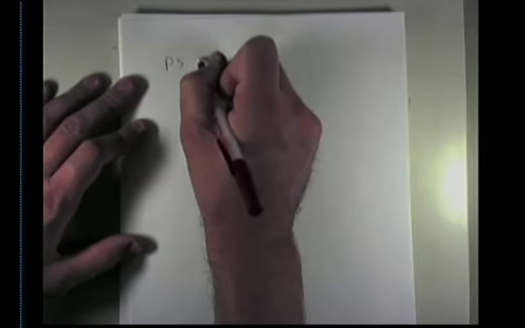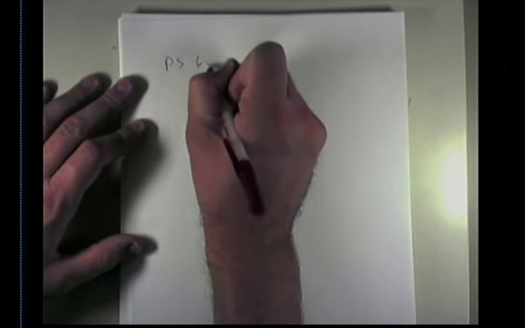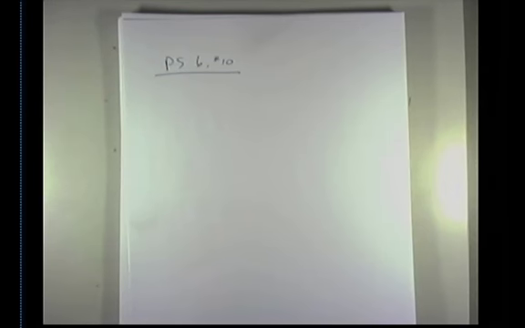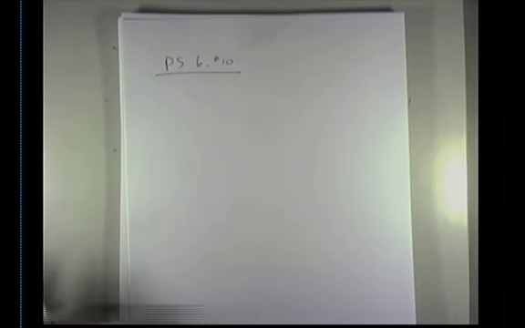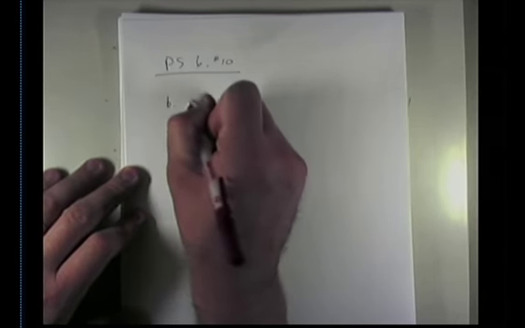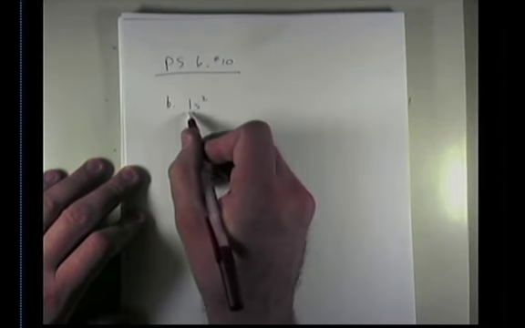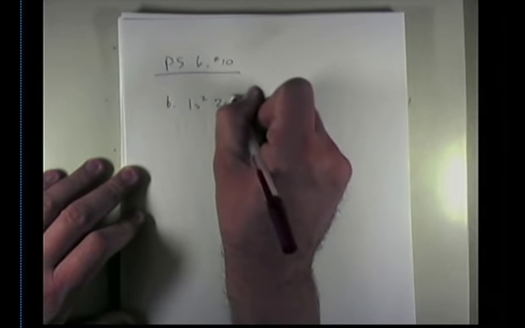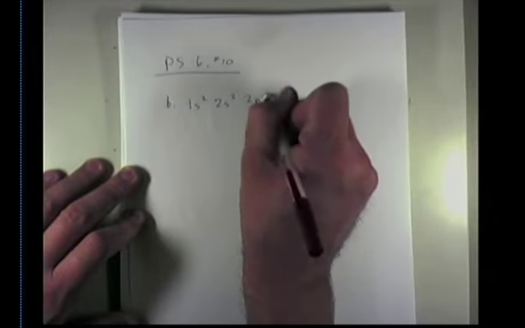We'll now take a look at problem set number 6, question 10, which asks us to identify the specific element that corresponds to each of the following electron configurations and indicate the number of unpaired electrons that it has. Let's begin with letter B. So letter B, we're given the electron configuration 1s2, 2s2, and 2p4.